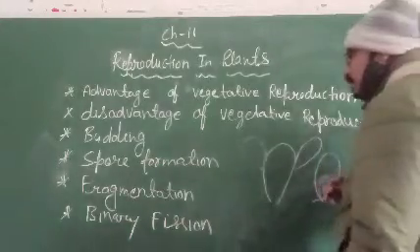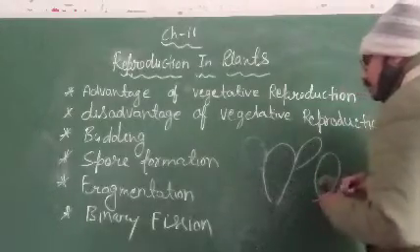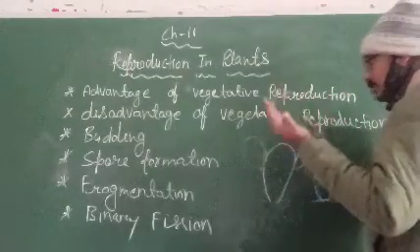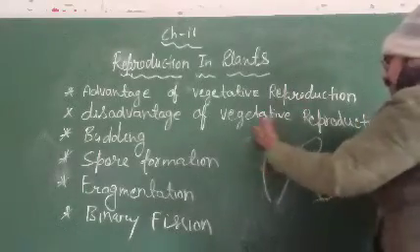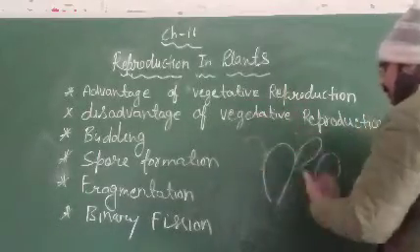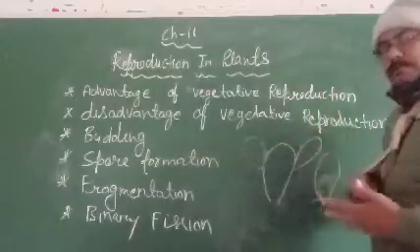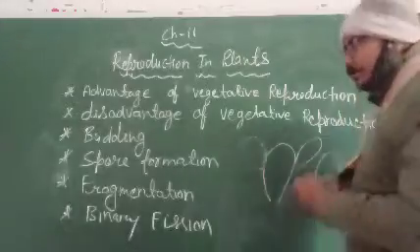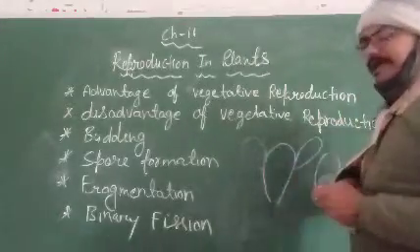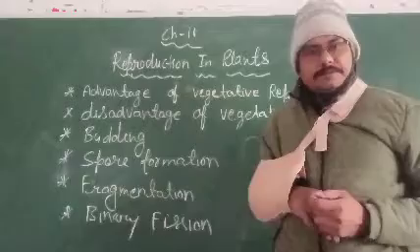So such a plant does reproduction with the help of bud formation. It gives buds, and when those buds fall down, they also become mature plants. So this reproduction takes place with the help of budding.